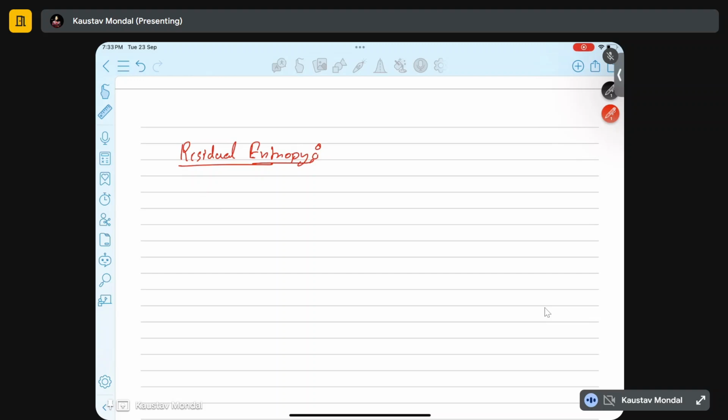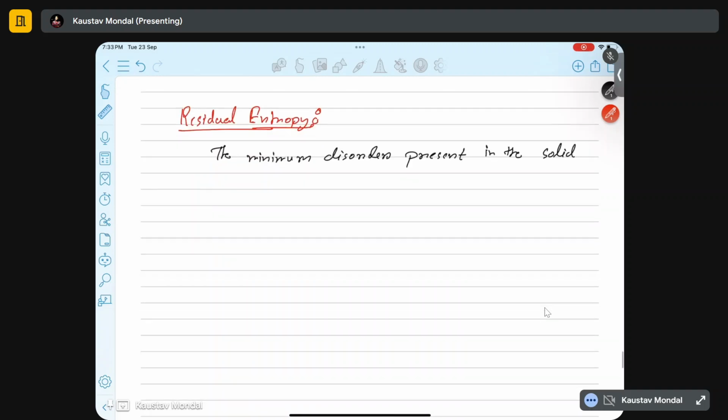Okay, this is the minimum disorder present in the solid even at T equal to 0.